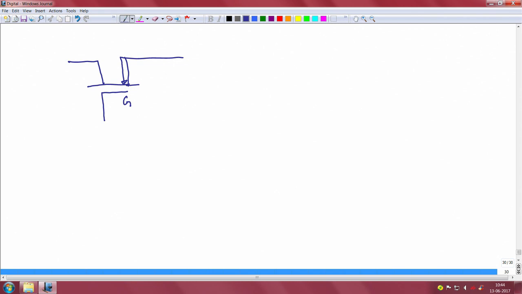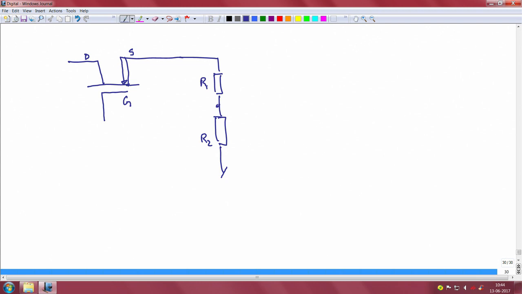So, this must be the drain, this is the source, and that is the gate. And I need to provide the feedback. So, this is R1 and this is R2.